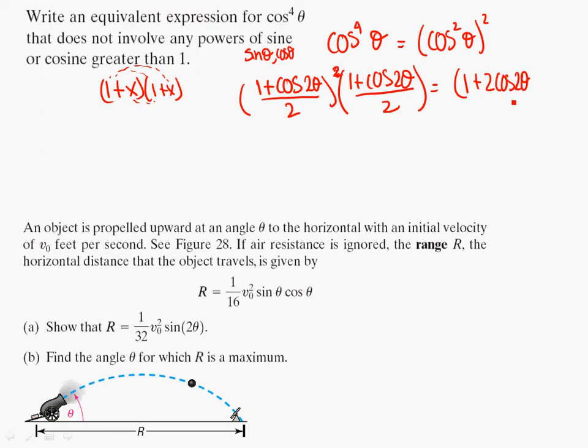Are we okay with that? Plus, and then the last term should just be x squared, right? That's the cosine squared of 2 theta. Are we okay with that? Okay. And then the 2 over 2 just becomes a 4. Are we still okay with that?